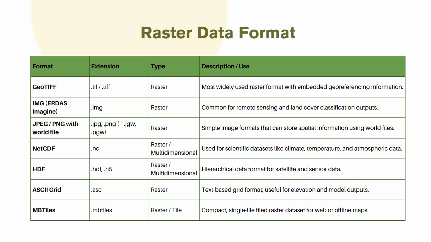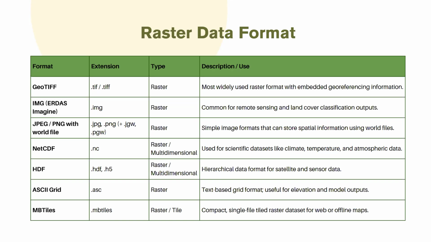Everything is raster data. Each raster is made up of pixels. You guys are very familiar with that. Now let me say the formats. First and foremost, any raster data is in this format, that is .tif. This is called GeoTIFF. This is the most commonly used raster format.